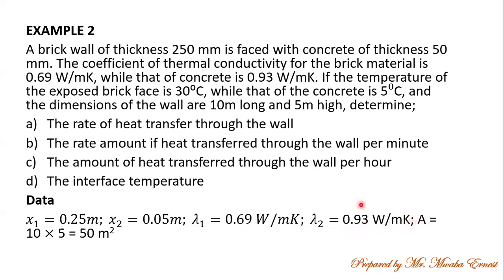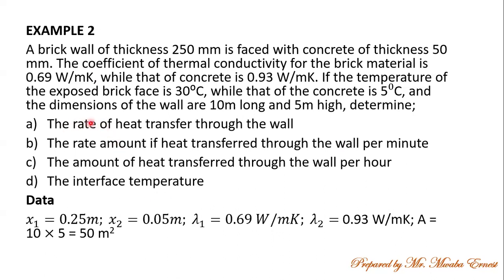The area is 10 in length, 5 in height. So to get your area, you just multiply the two. 10 times 5, there is your 50. We have all the information we need.